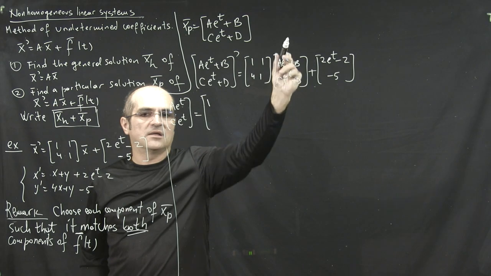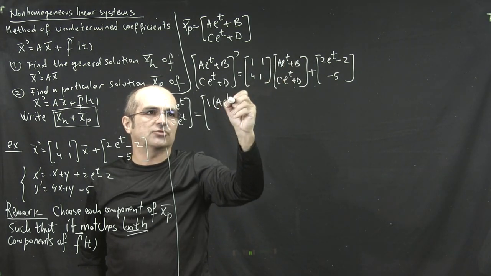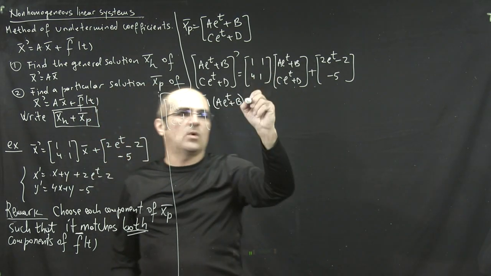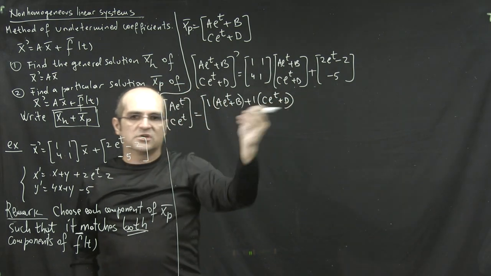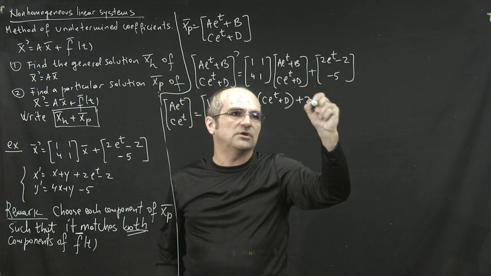So row 1, column 1, right? So 1 is multiplied by the entire entry, a e to the t plus b, plus 1 times c e to the t plus d. And then you continue, if you want, at the same step with the matrix addition, plus 2e to the t minus 2.